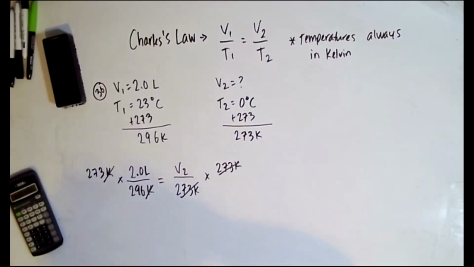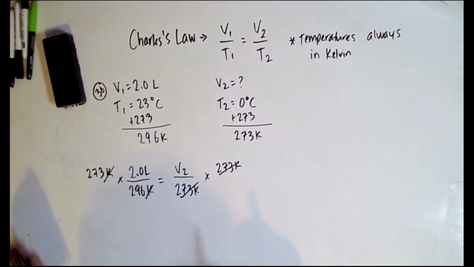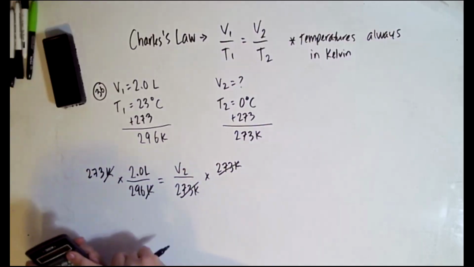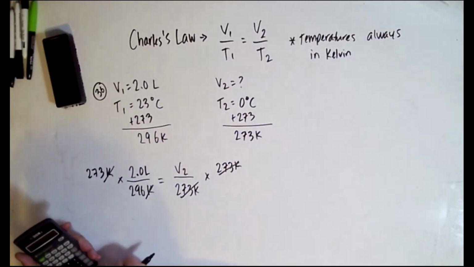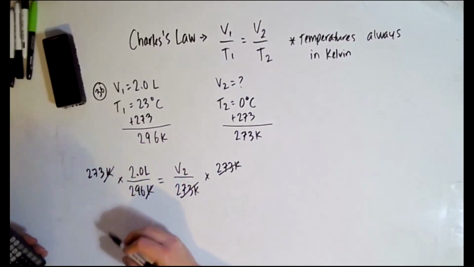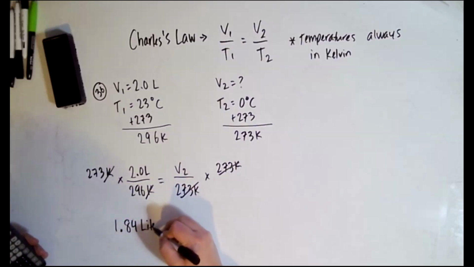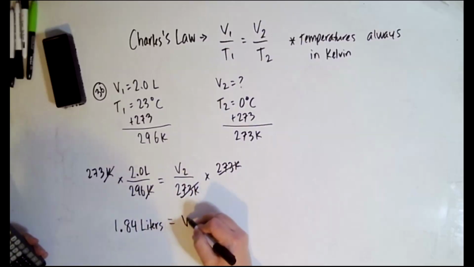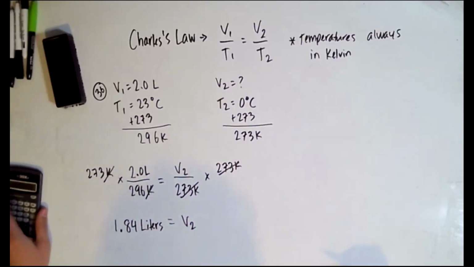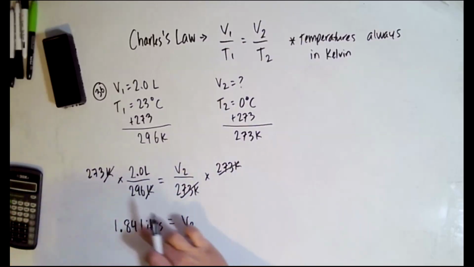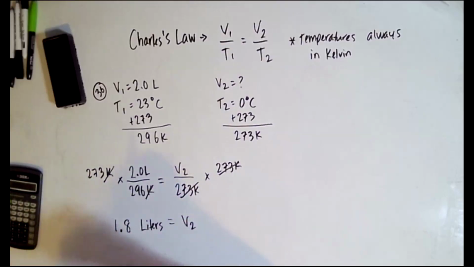And we're going to end up with 273 times 2 divided by 296, 1.84 as our V2. 1.8, I think, is what it says on the answer key.